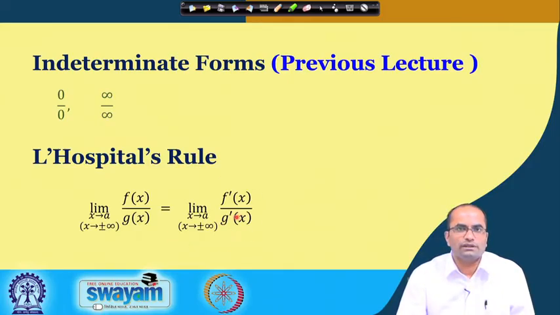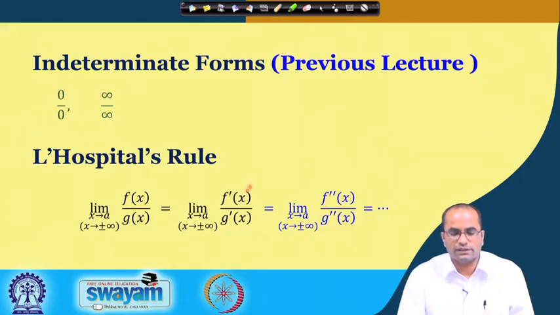And we have also seen that we can continue this process provided that all the conditions on f prime and g prime are satisfied, and again f prime and g prime both go to 0 or both go to infinity. In that case we can continue differentiating the numerator and the denominator till we achieve the limit.